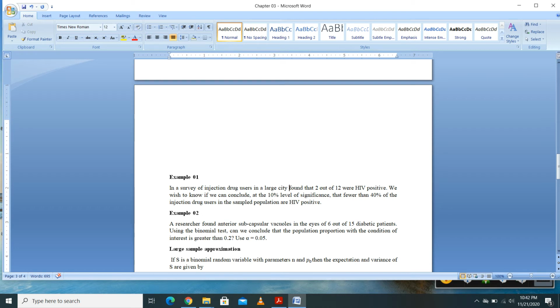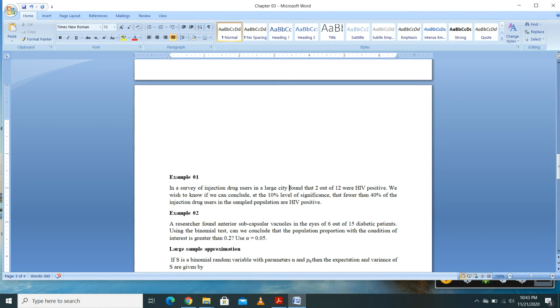They have conducted a survey, and they have found that 2 out of 12 were HIV positive. We wish to know if we can conclude at the 10% level of significance that fewer than 40% of the injection drug users in the sampled population are HIV positive.